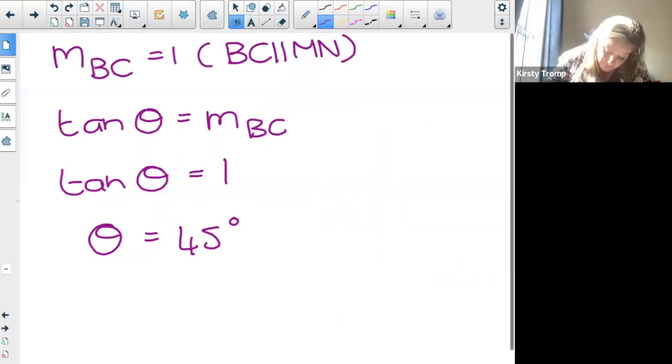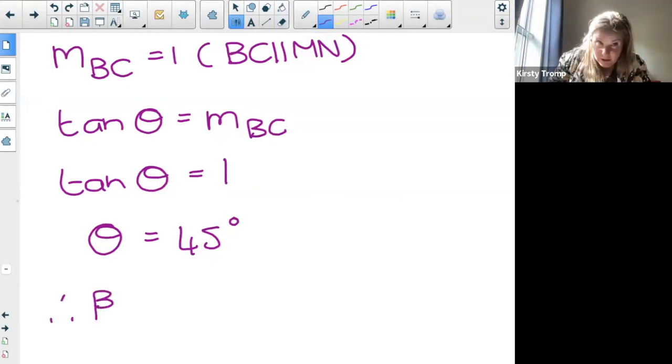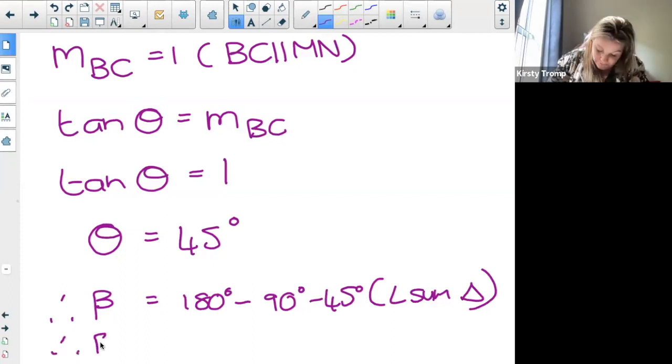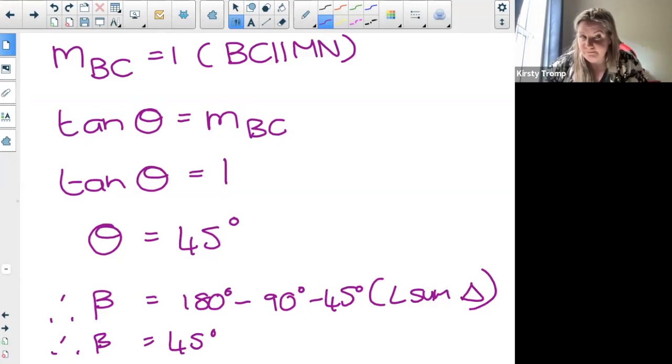So we know, therefore, theta will be equal to 180 minus 90 minus 45 degrees. Reason: angle sum in a triangle, or angles in a triangle, however you say it at your school. Therefore, beta equals 45 degrees. Nice and easy.